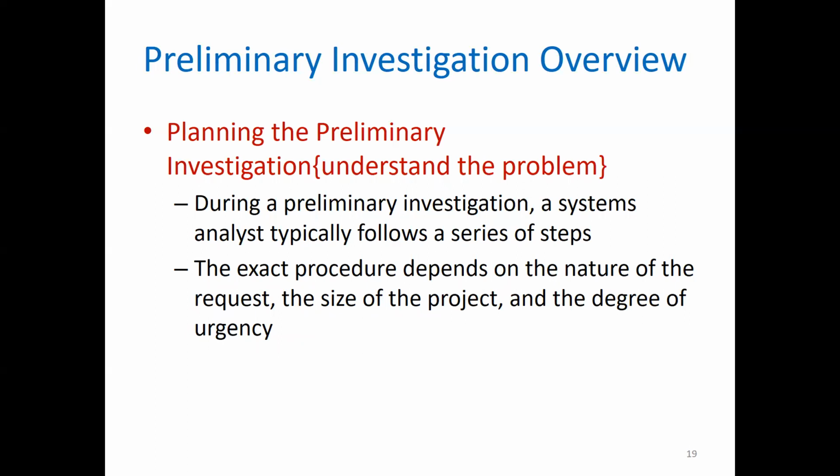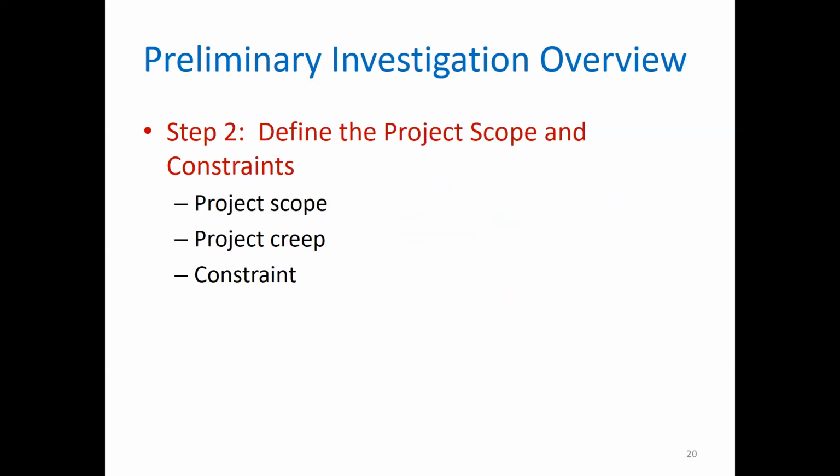Planning the preliminary investigation, that is, to understand the problem. During a preliminary investigation, a systems analyst typically follows a series of steps. The exact procedure depends on the nature of the request, the size of the project, and the degree of urgency. Step 2, define project scope and constraints.